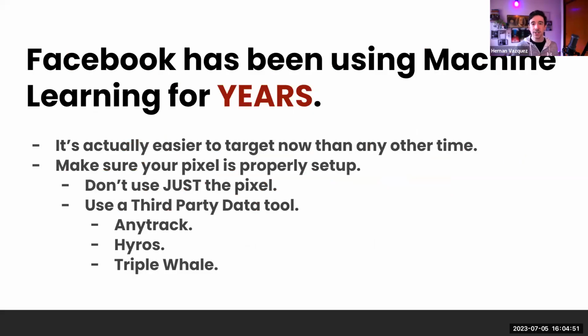The first thing we need to understand is that machine learning, and AI to an extent, is something Facebook and most advertising platforms have been using for years. Facebook has been using machine learning since they came up with the Facebook Pixel. Initially, the Pixel was a novel idea: a piece of code you would put on different pages in your funnel that would track what people were doing outside of the platform.